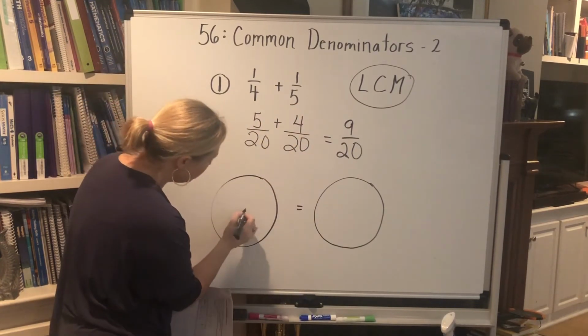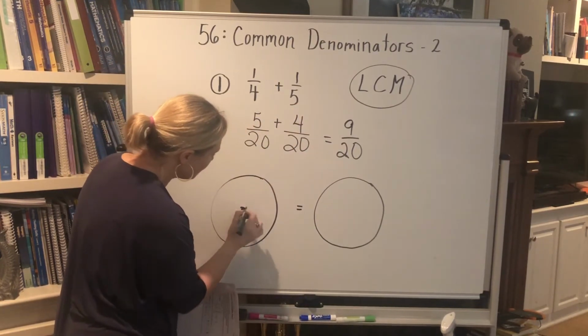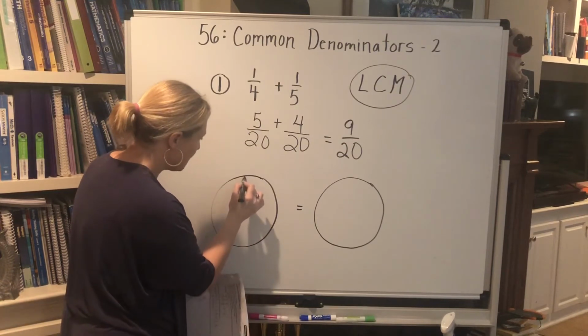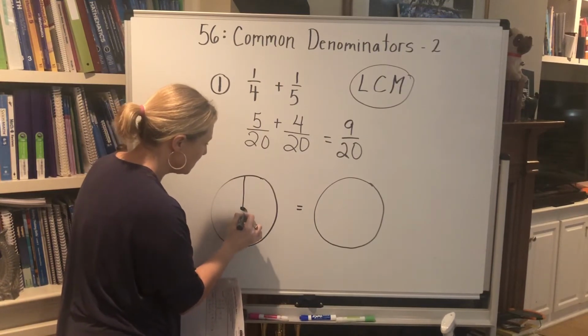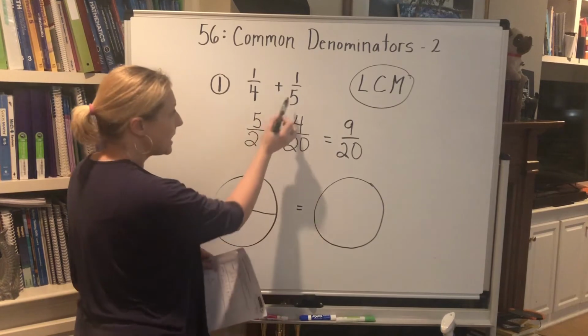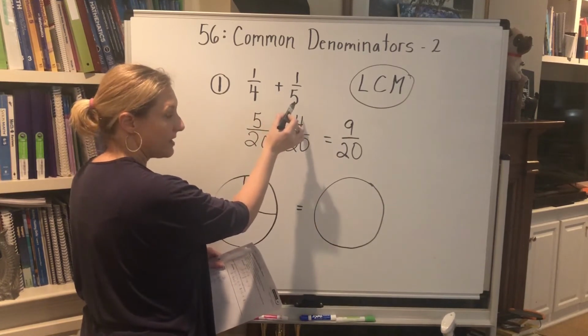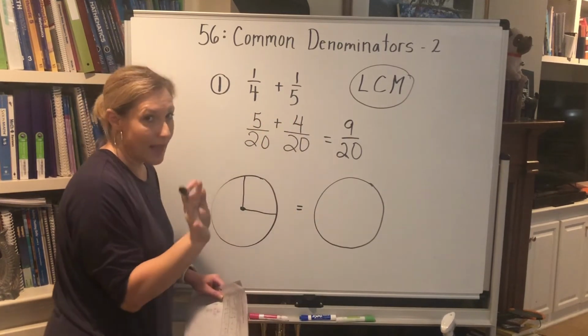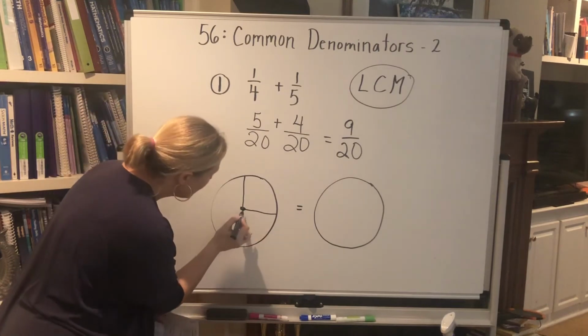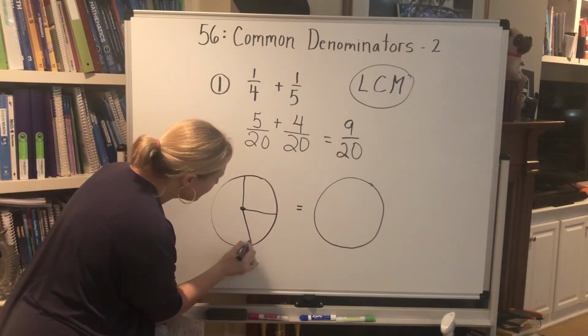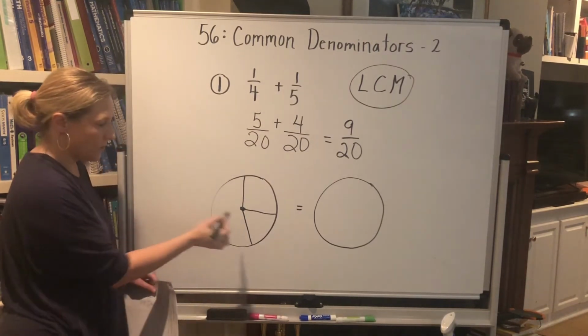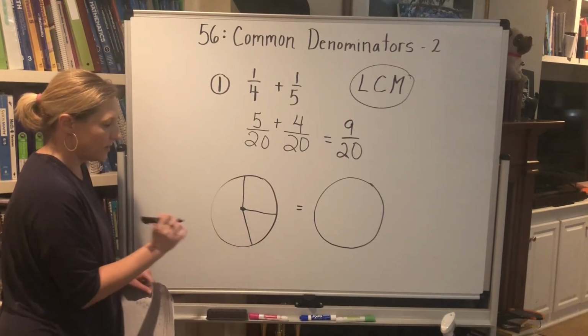Okay, let's divide our circle up. We have 1/4 of a circle plus 1/5 of a circle, which is a little bit less than 1/4. Okay, so we're going to make this a little bit less than 1/4, not quite straight down for another quarter.